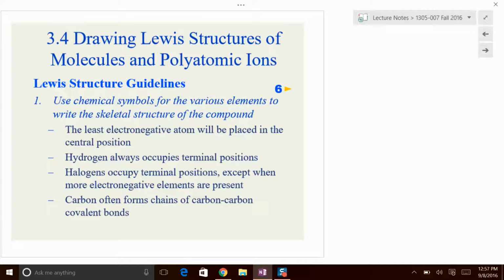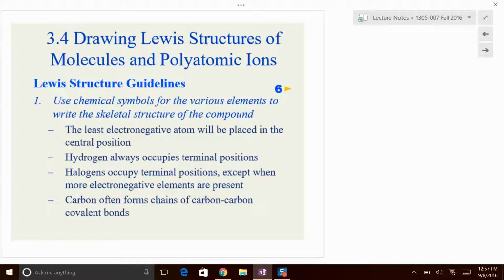But if you try to be all cavalier and make up your own rules and draw it on your own, you're going to do it wrong. Because I tell you to do this very specific set pattern, and then you go, oh, I'm going to skip that step, I know what's going on. Okay? Don't do that. Just follow the guidelines. If you follow them perfectly, it will always come out correctly, and it'll be very easy to draw these structures.